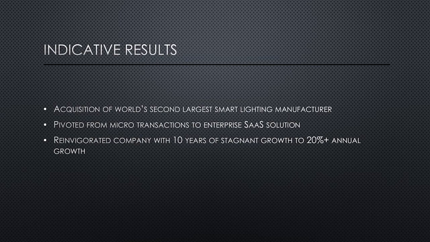I accelerated sales at a company with 10 years of stagnant growth and a corporate-wide resistance to sales. They achieved 20% annual growth within my first 18 months and 25% thereafter with record profits. In the rest of this webinar, I'll share how I did it.